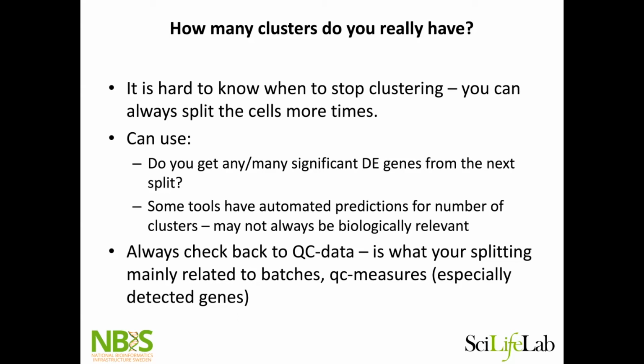There are some tools to do automated predictions, but I don't think that works at all when I've tried it. And then always check back to your QC data. Is what you're splitting just between batches or different quality of your cells instead of something biologically relevant?